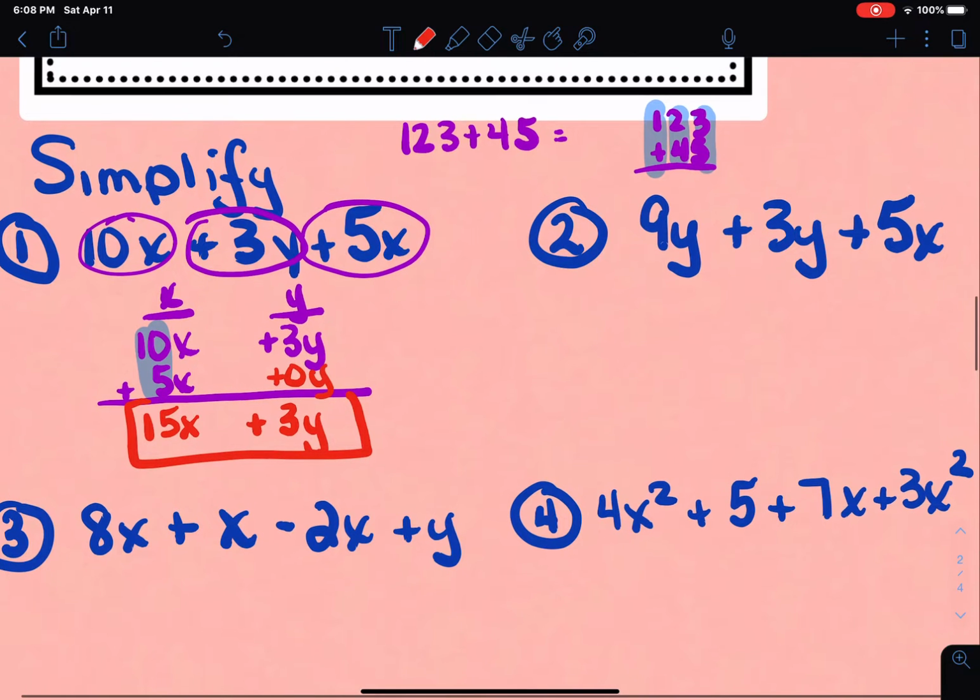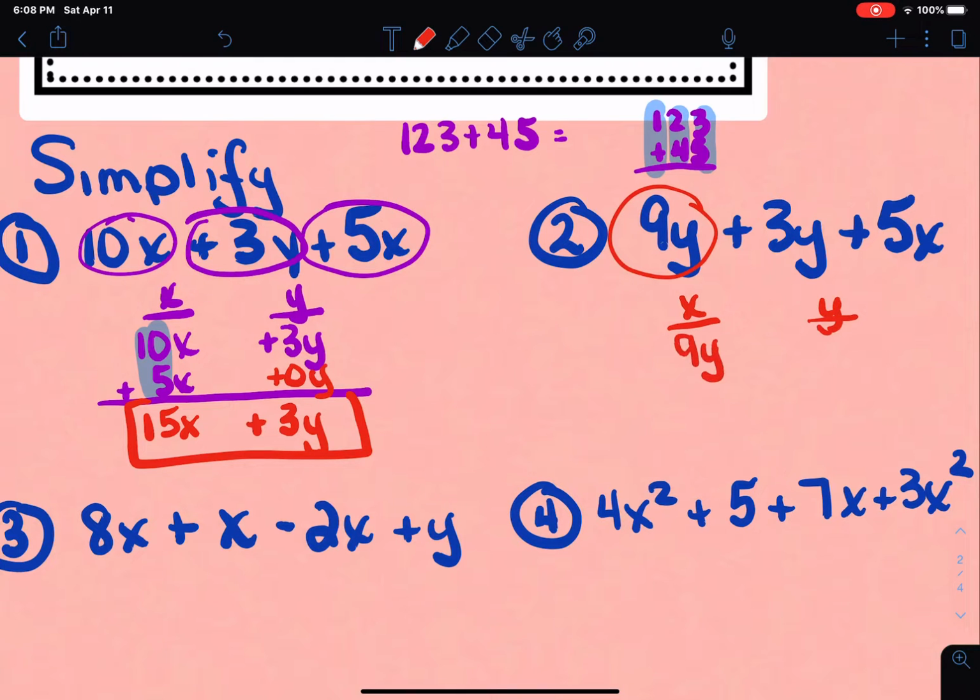So let's take a look at number 2. In number 2 again, I have X's and Y's. So I'm going to start to get my columns kind of set up. So I have 9Y plus 3Y. Oops, I guess I got to put them in the right column. There we go. Got them in the Y column.